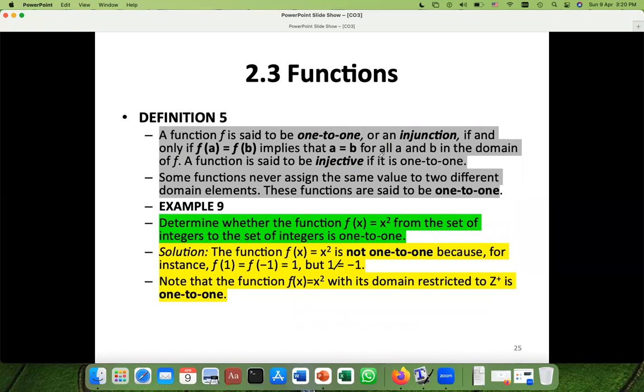So now we are going to see one-to-one. The other name is injection, or you can also say injective function. This one-to-one is acting as a noun here, so you can also call this one-to-one function an injection or injective function. So these are the different names.